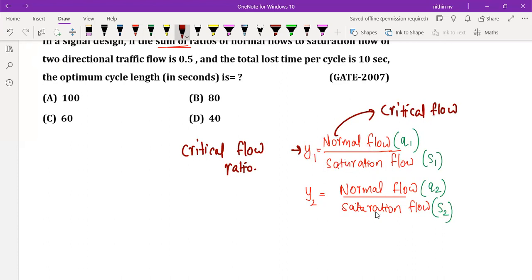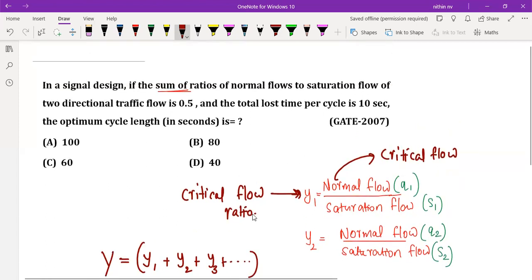Like this, so many critical flows I can calculate. Now I'm going to add all the critical flow ratios I'm having: critical flow ratio y1, critical flow ratio y2, critical flow ratio y3, like this. However many critical flow ratios I'm having, all those I'm going to add. And that is nothing but your capital Y in the equation.